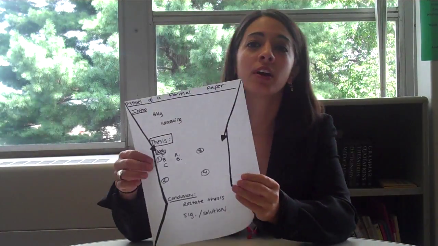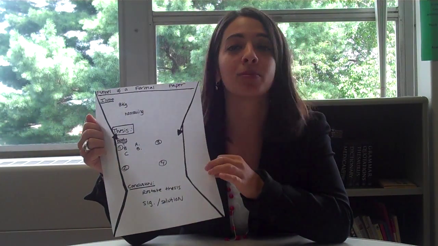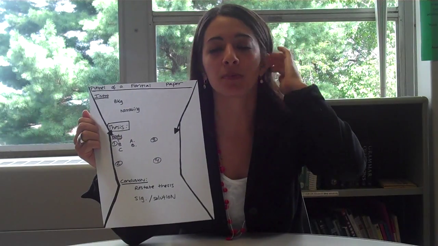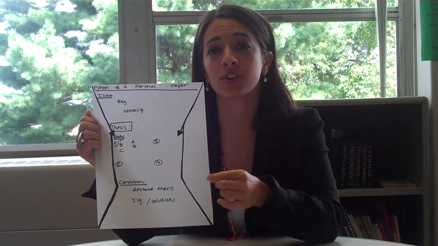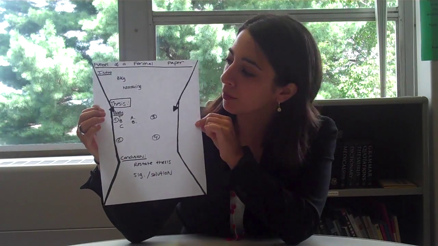And so oftentimes I will draw a funnel of a formal paper, and this is a really basic overview of the intro, body, and conclusion sections to a paper to give the students a visual to go off of. And I use this in my classes at Kent State as well.